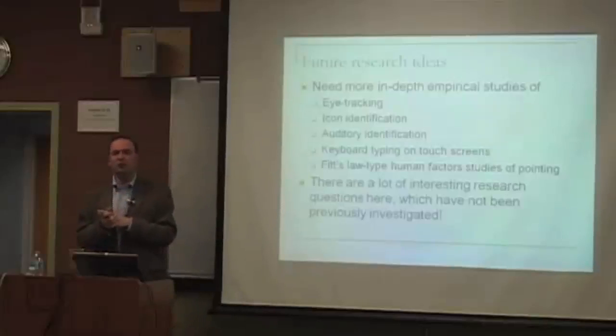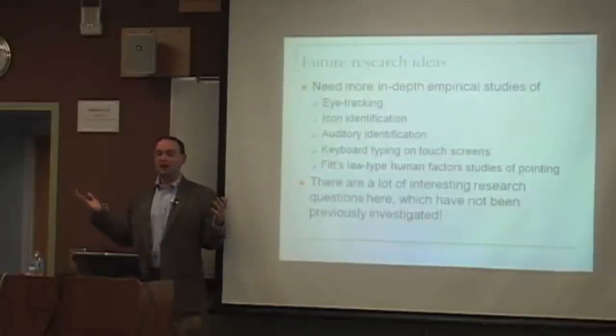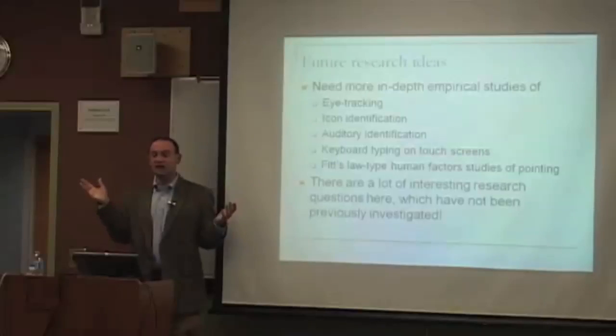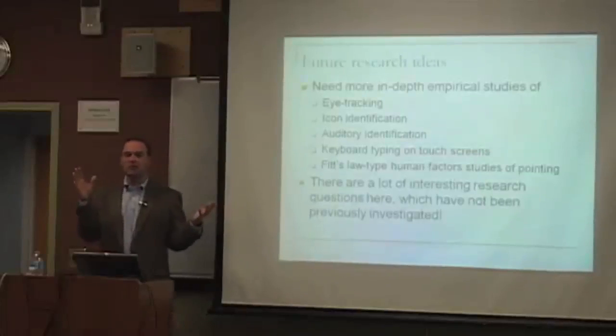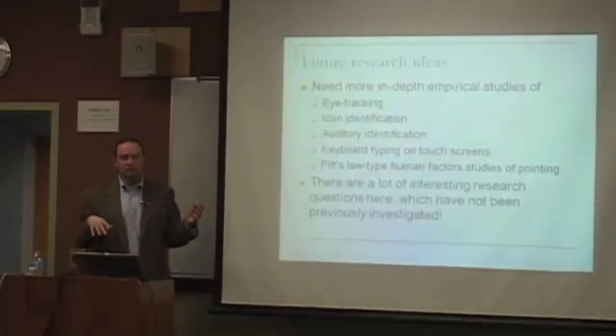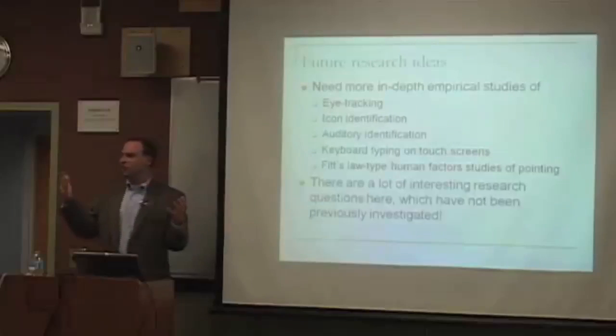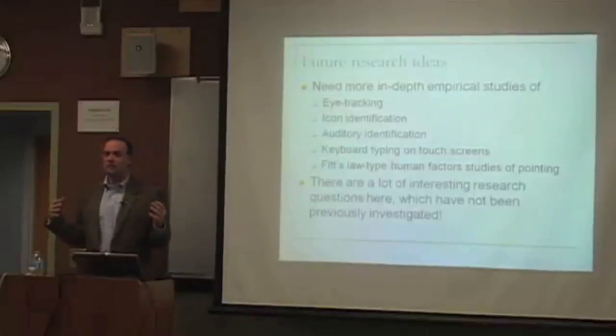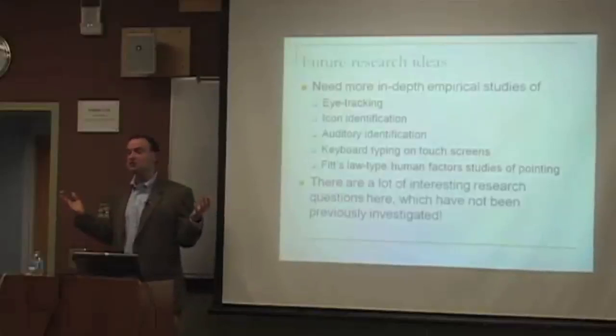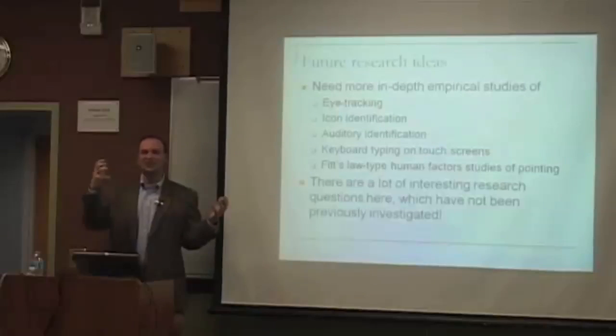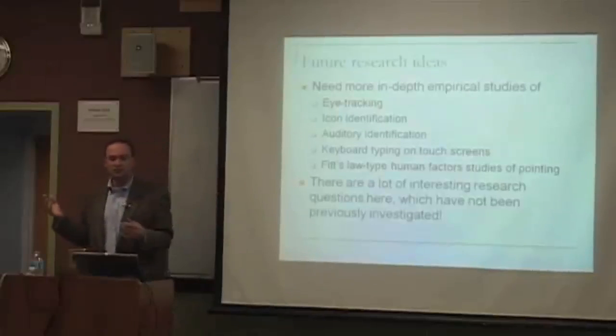So we need more studies, though. We need more research studies on things like eye tracking, right? How do people with Down syndrome look at the screen? Do they look at it any differently? Do they scan differently? Do the heat maps look different? Right? Icon identification, we talked about that being a problem. Maybe the general population has trouble with those icons. Maybe there are certain aspects of the icons that are problematic. We don't know.